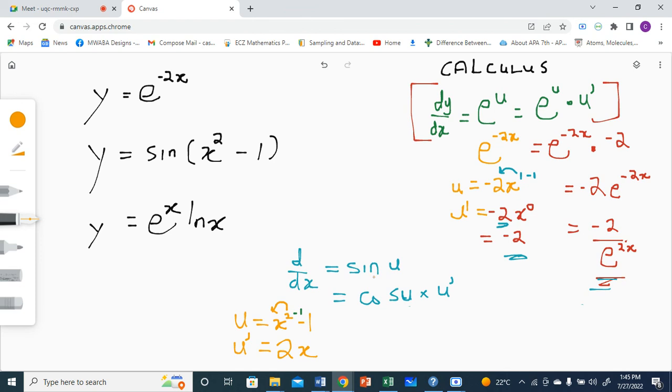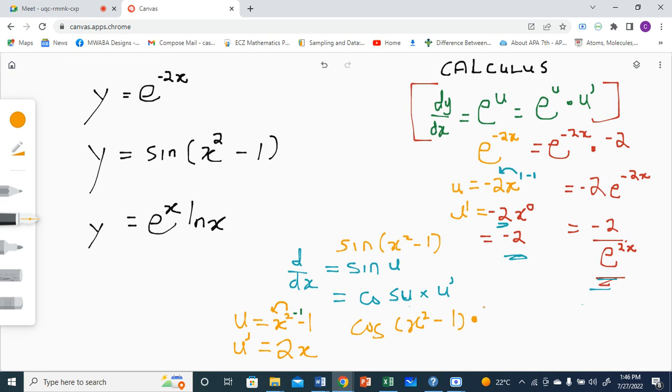So if we use this principle on our question, we say sine of x squared minus 1, the derivative is cos u, so we say cos of x squared minus 1 times 2x. Whenever I put a dot, it just means multiplication.